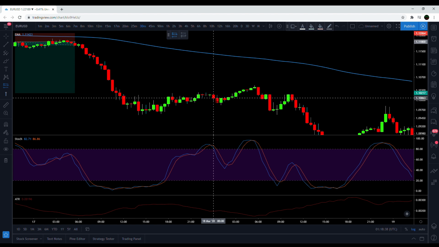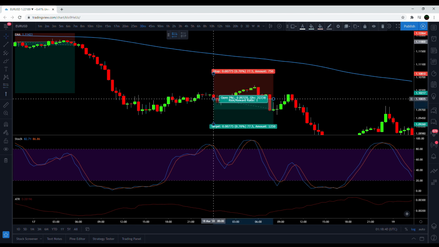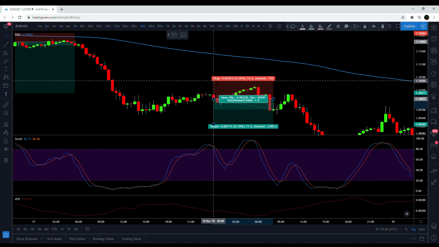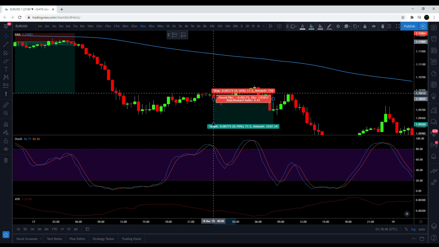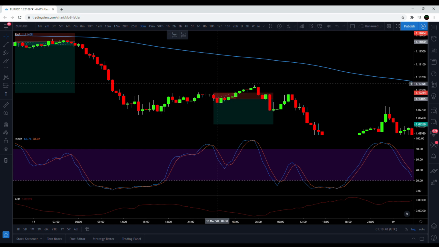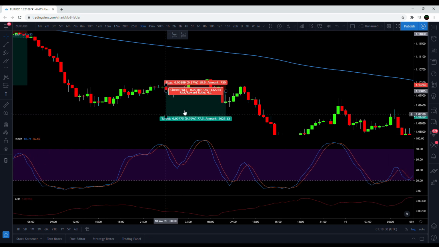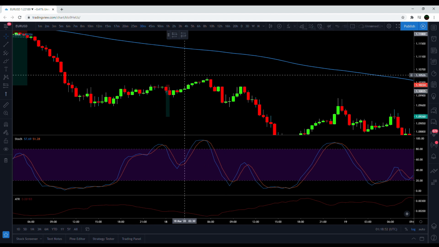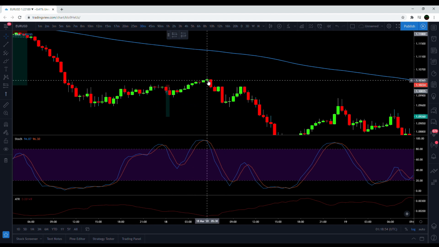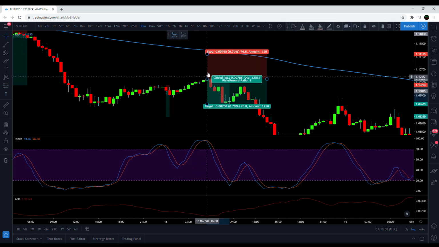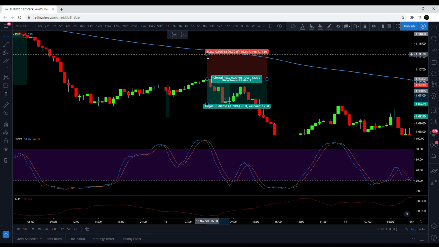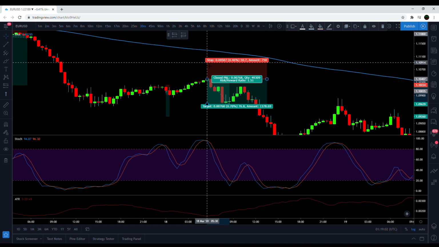So we get another short signal right here, but this one does get stopped out. So the ATR is 19. And since we have such a tight stop, it gets stopped out. There's another signal though that's given shortly after right here, and this one is good, right at the top. And ATR, it's about 15.